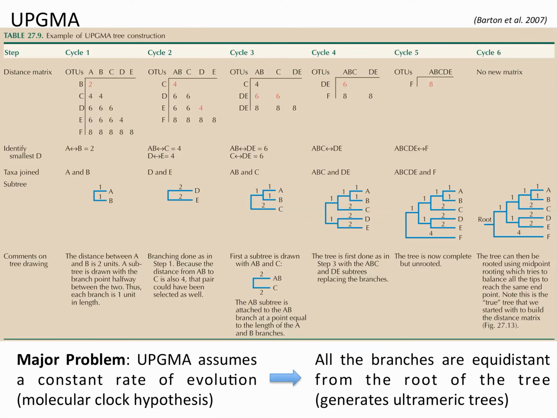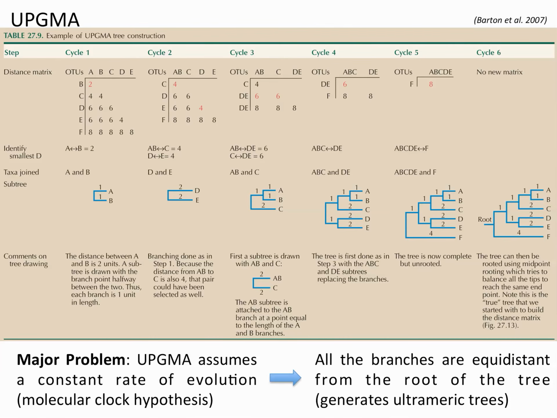A major problem of this method is that it generates ultrametric trees in which all taxa are separated by the same distance from the root of the tree. All are at the same distance.